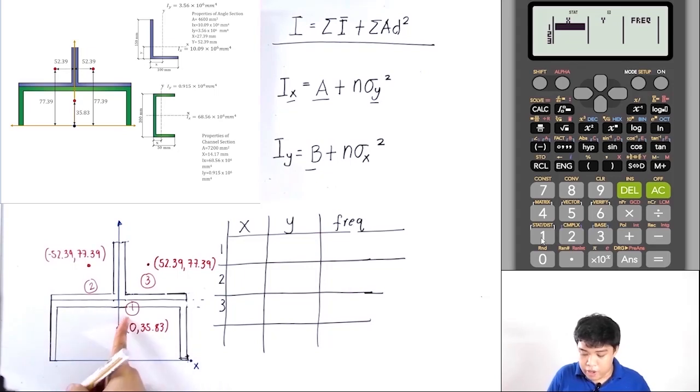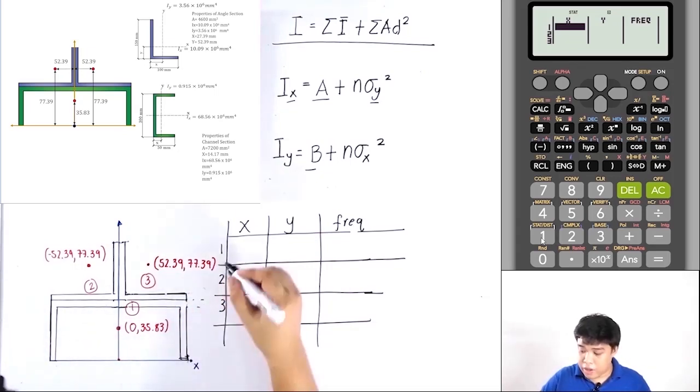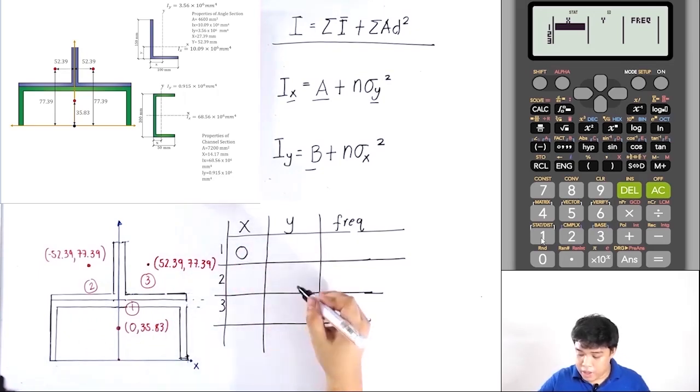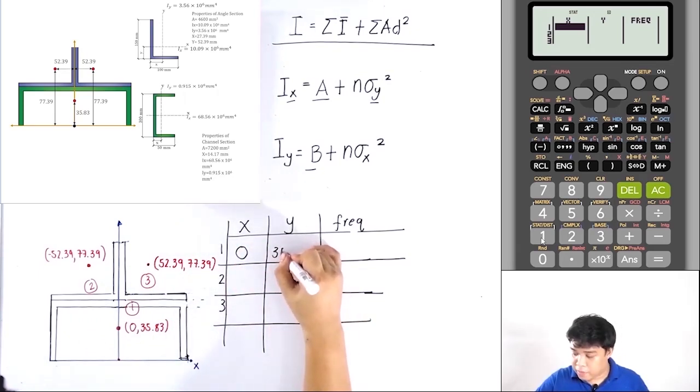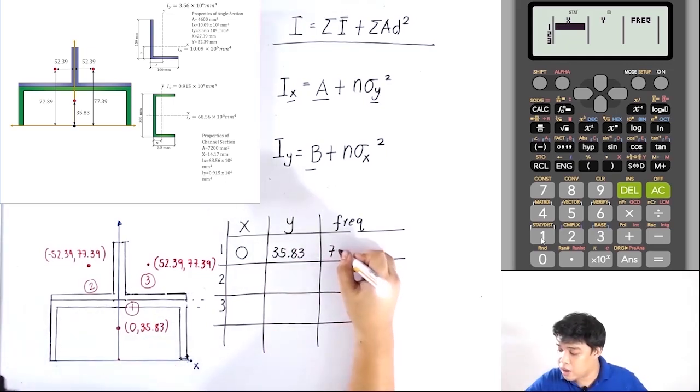Say for example, for area 1, which is the channel, you're going to put the coordinates. So for x, that is 0, and for y, that is 35.83. For the frequency, you're going to input the area, which is 7,200 square millimeter.